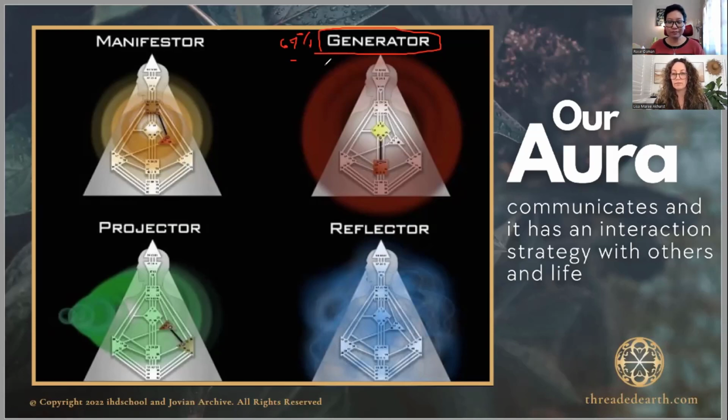So what does open and enveloping mean? Whenever I'm with generators, I can feel the aura kind of hugging me. They are welcoming. That's what they do, because having this open and enveloping aura means they have this one center over here, called the sacral center.